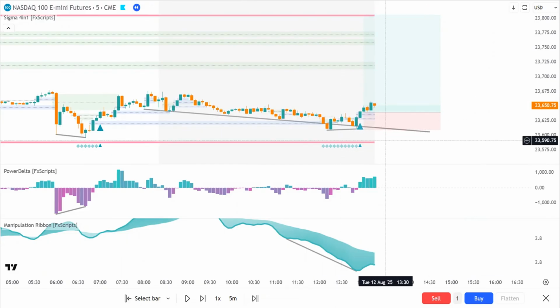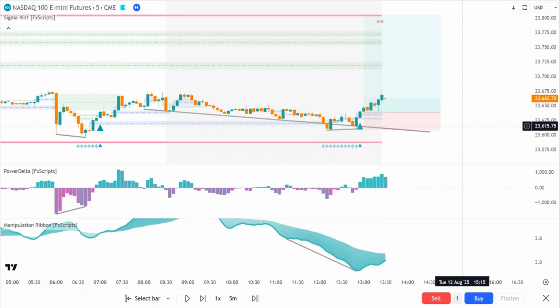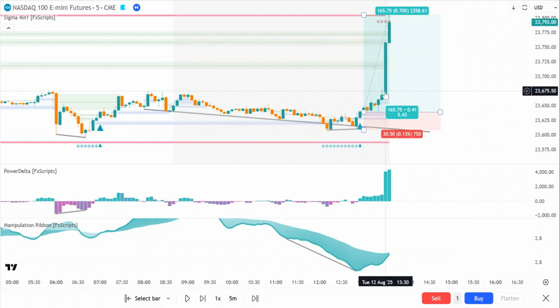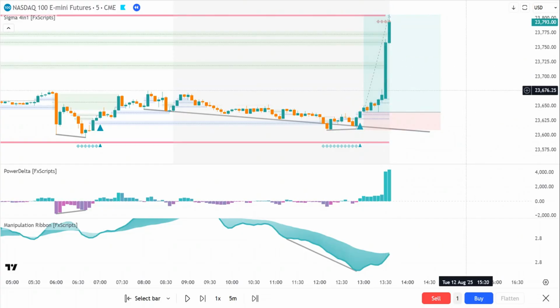Just to remind you, 1:30 UK time is where the news release is. There we go. That's the news release. And in the space of just over an hour, it's gone all the way up to our target.